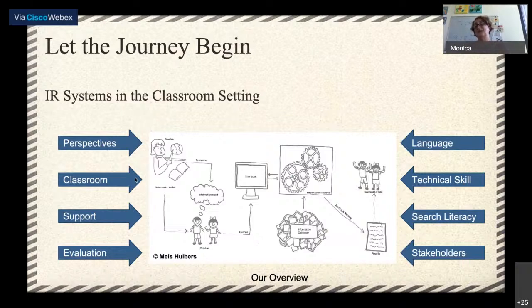Our children come and speak different languages, at least Italian and English. They come with different technical skills. Some of them are really tech savvy, some are not. And they have different search literacy because of the way the curriculum is managed in different countries. Plus, they are influenced or affected by other stakeholders, like their siblings, their parents, other teachers. So we need to take all of this into account. And we have to thank again our official artist, Mice Huibers, for this beautiful map.